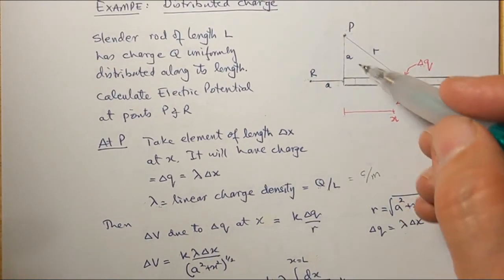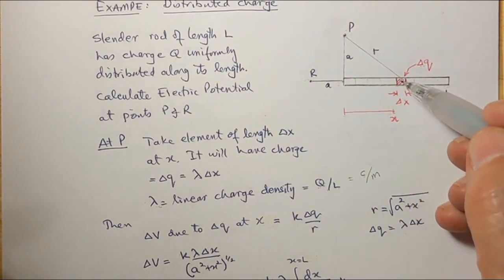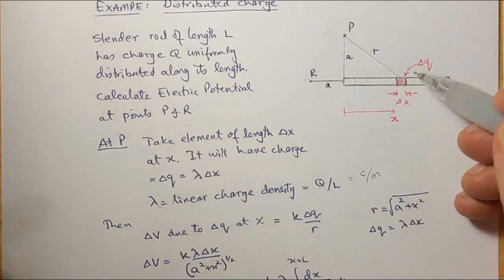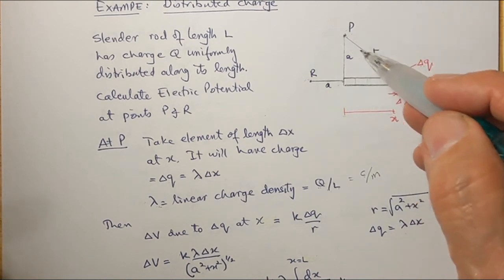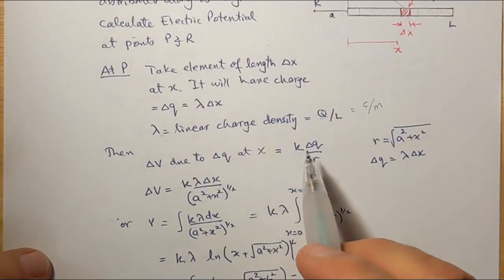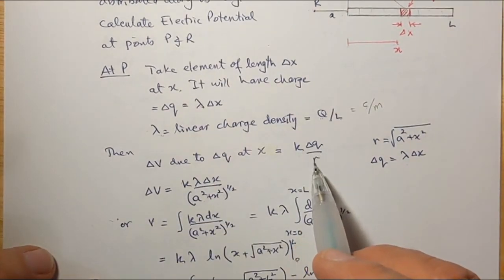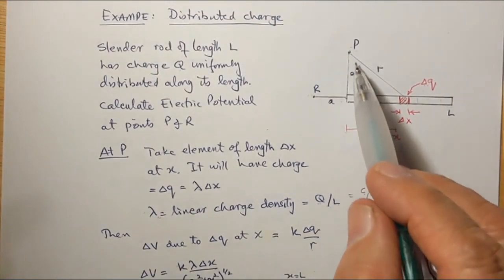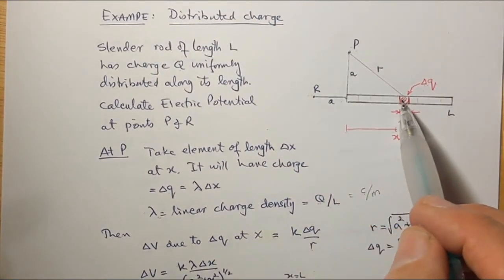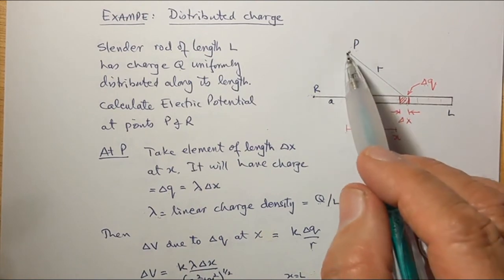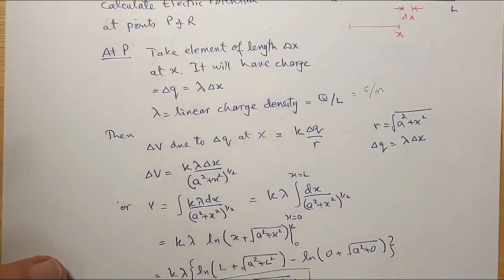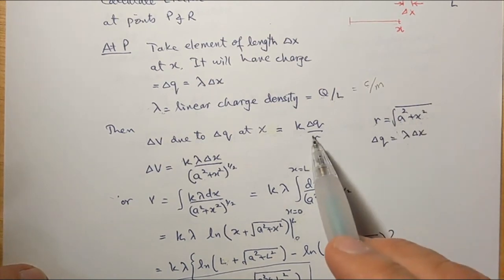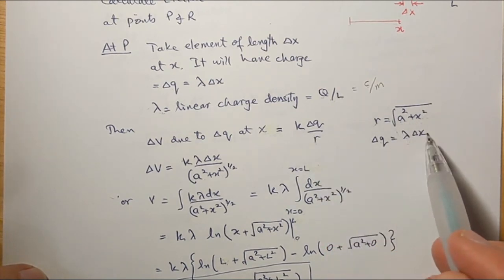So now the potential at P due to this charge is going to be kq over r. So k is constant, q is delta q, and r is this. So it's going to be k delta q over r. R is given by the square root of a square plus x square, so it's Pythagoras theorem. That's x square, and a square equals r square. So we substitute r with this value, and delta q with lambda delta x.